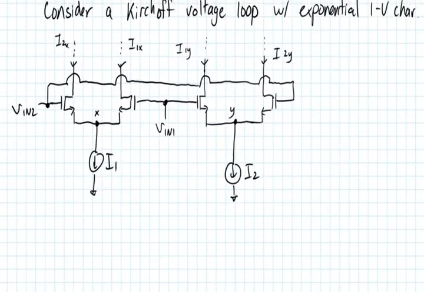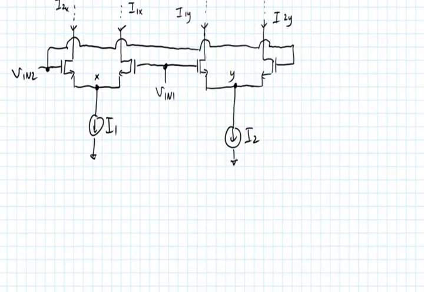Okay, so what we'd like to do is we notice that actually this input forms a loop here. So we have Vin2 goes across here. We have a VGS drop to node Y here. We have a VSG drop to Vin1, Vin1 VGS to node X, VSG to node Vin2. Okay, so that's a Kirchhoff voltage loop. So let's go ahead and write down the expression for that Kirchhoff voltage loop.